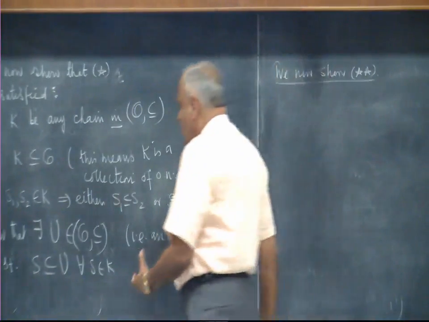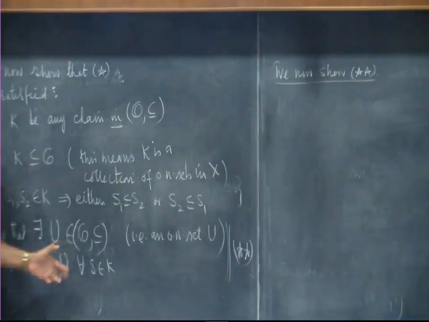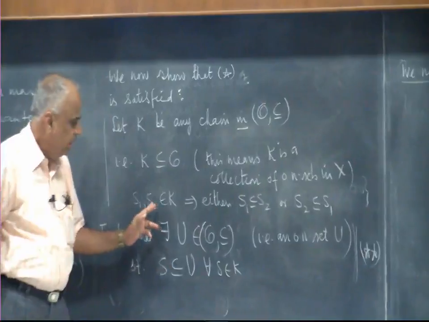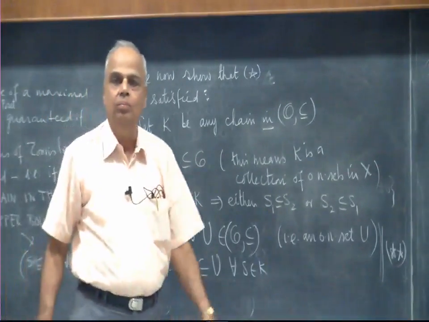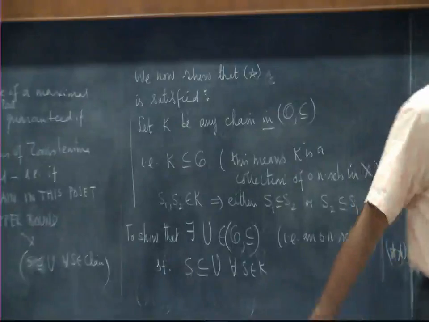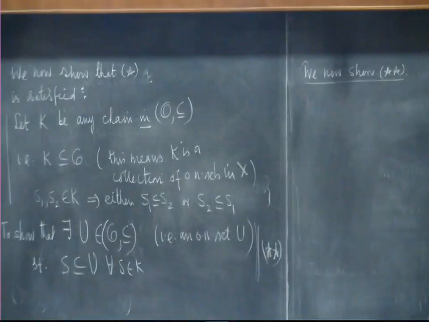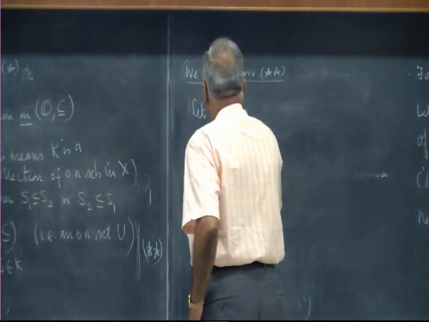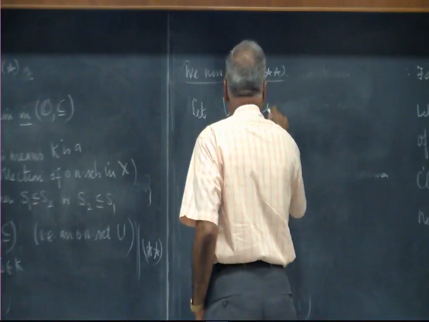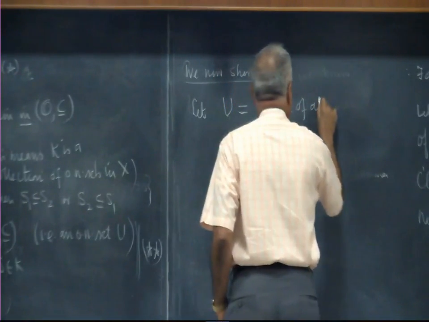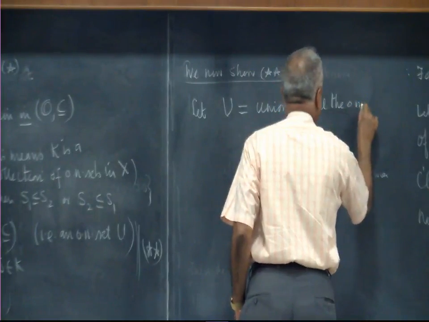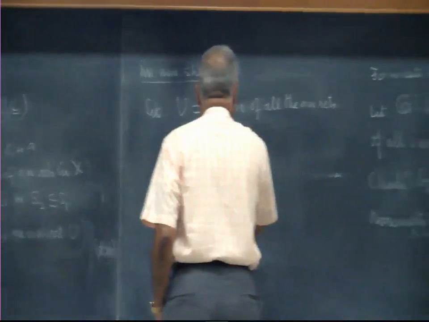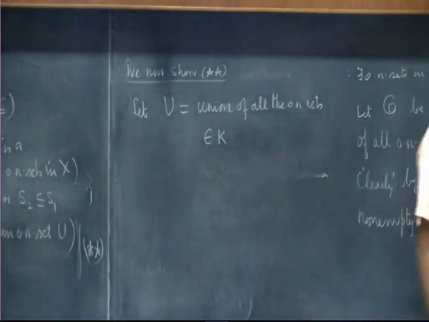Now, let us look at what should be the requirement of U. Every set in K must be contained in U. Therefore, if I put them all together, they will all also be in U. So, U must contain all the things that are in K. So, what we do is we put them all together. Let U be equal to the union of all the orthonormal sets belonging to K. Any element of K is an orthonormal set.